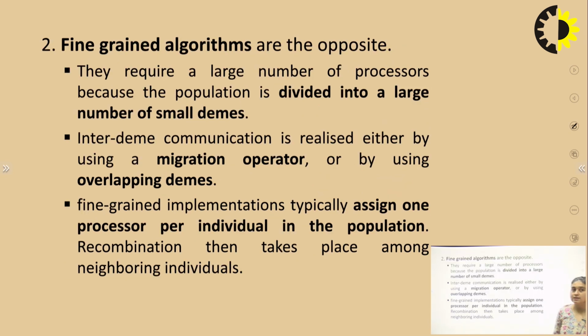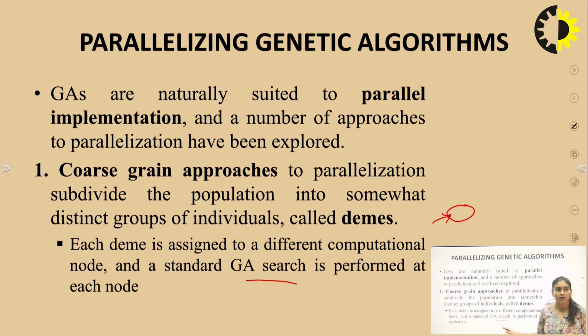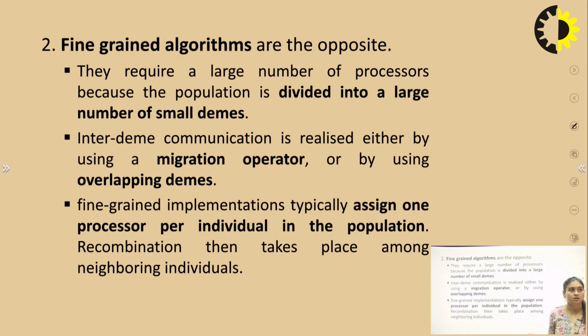Next is the fine-grained approach, which is the opposite of coarse-grained. It requires a large number of processors because the population is divided into a large number of small demes. In coarse-grained, we divide the population into somewhat distinct groups of individuals, while in fine-grained the population is divided into a large number of smaller demes.